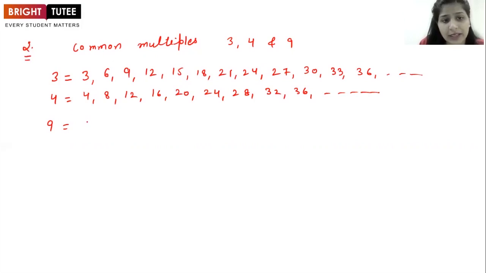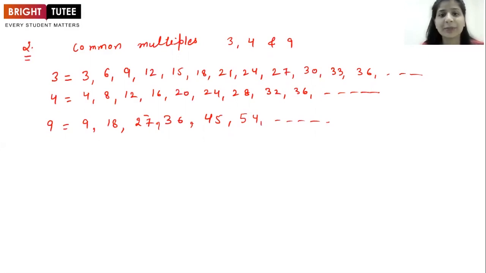Similarly for 9 you can write 9, 18, 27, 36, 45, then we have 54 and so on. So there are infinite multiples for each number, and common multiples will also be infinite because this is never ending.